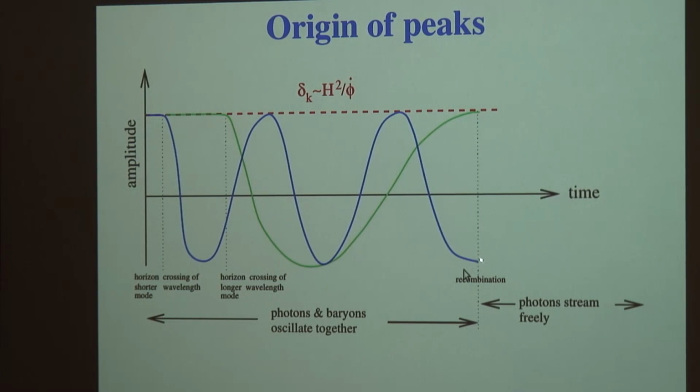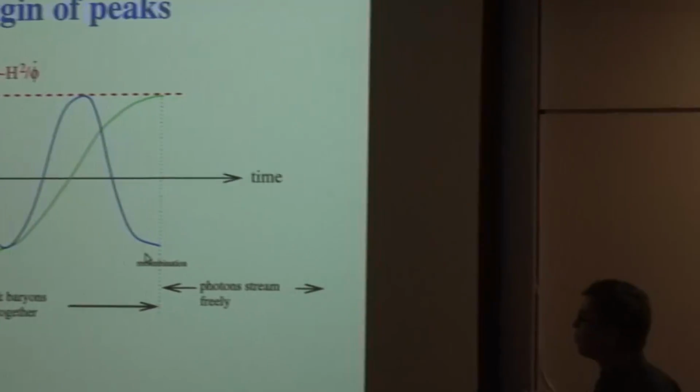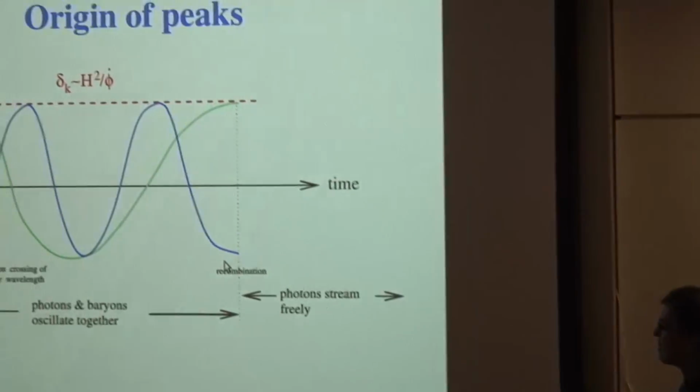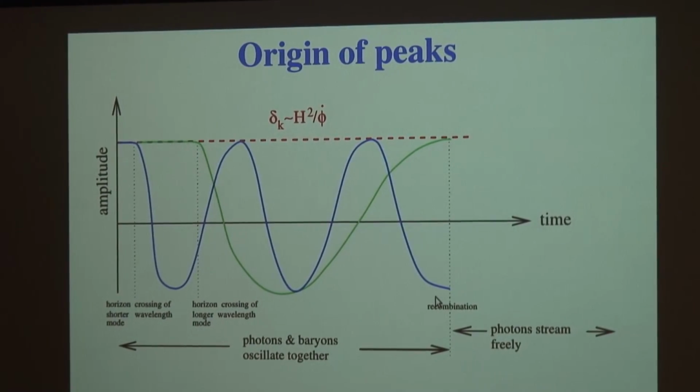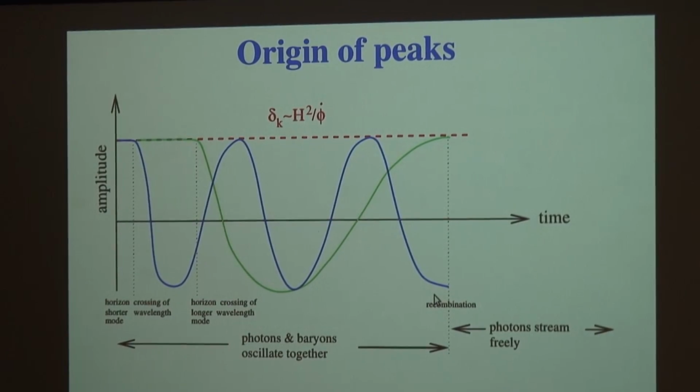And so that's why when you look in wave number space, you see these peaks and dips in the temperature perturbations. And I'll come back to what's causing this, what's the origin of these perturbations being frozen until horizon crossing.